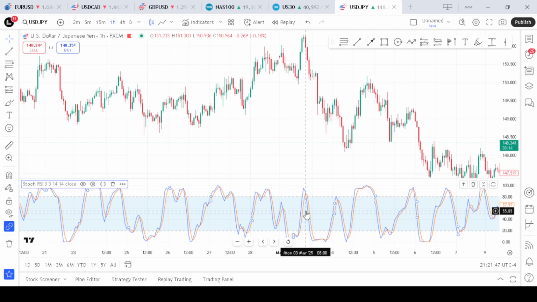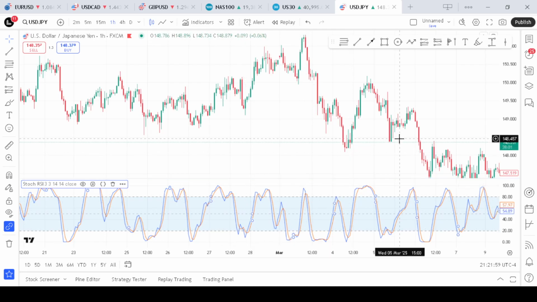And in today's video, we are going to be talking about the Stochastic RSI Indicator on TradingView, one of the most powerful yet underutilized tools available for traders.